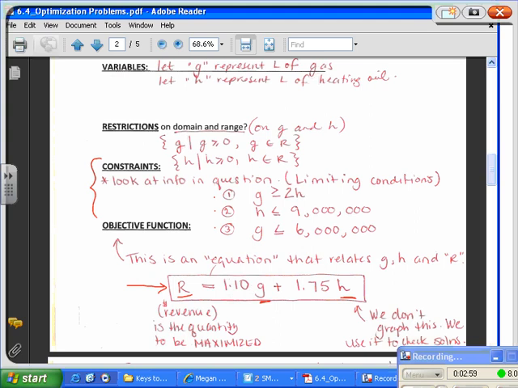We knew the price of gas and the price of heating oil, so we came up with this objective function: revenue is equal to $1.10, the price of gas, times liters of gas, plus $1.75 times the number of liters of heating oil. The $1.75 was the price of heating oil.